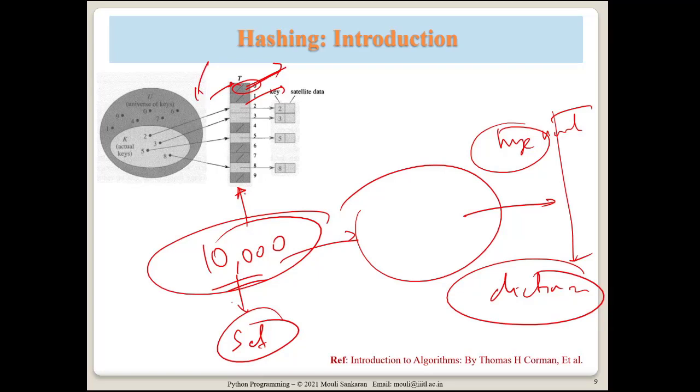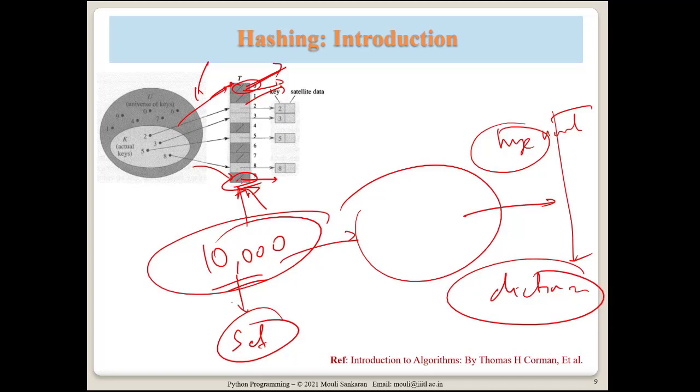So you will be wasting space maintaining a huge array of pointers, because each has to point to the object. If an object corresponds to a particular index, I need to have a location, an array of pointers.